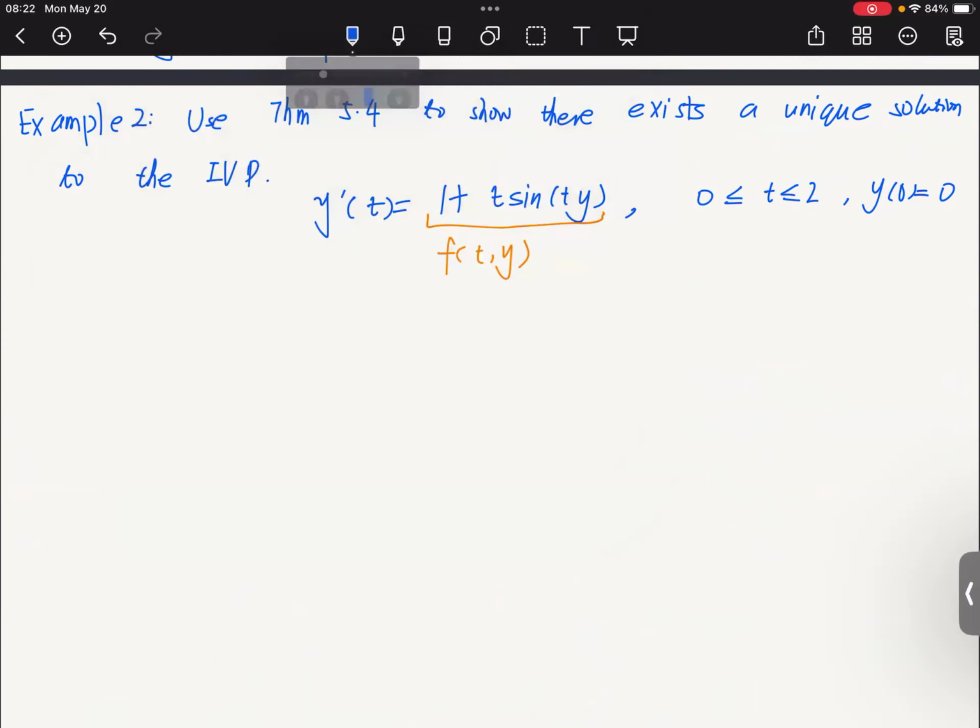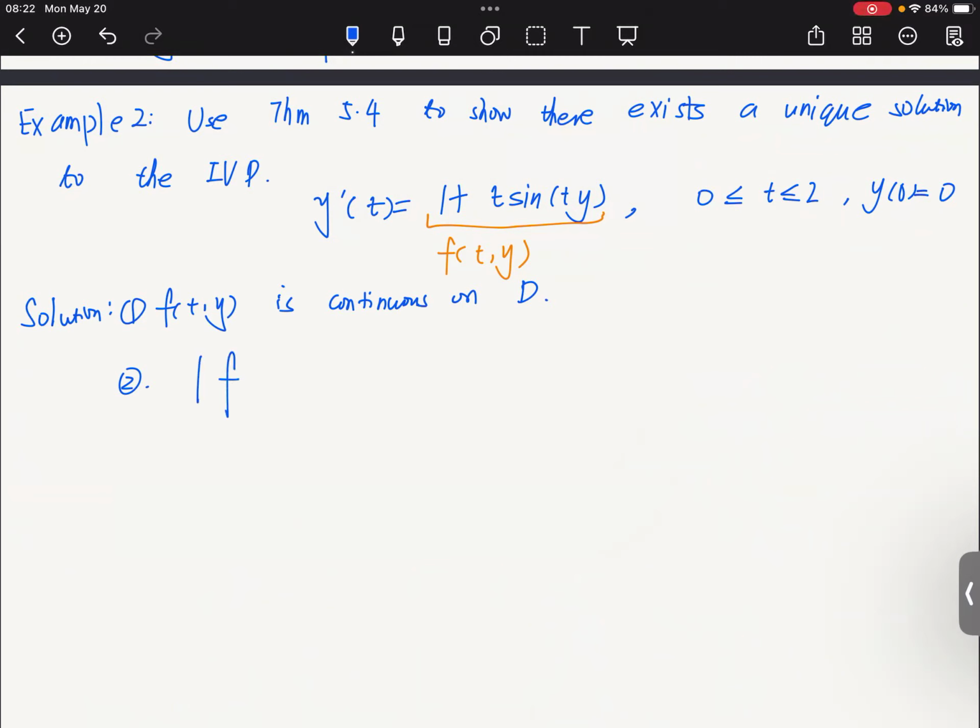So first, f(t,y) is continuous on the domain D. This is the first thing. The second thing is we are going to get the difference between the two variables.